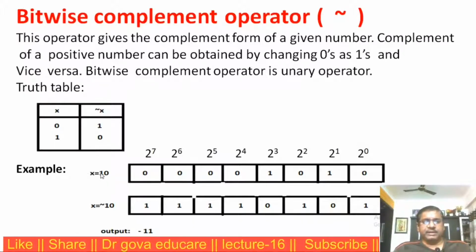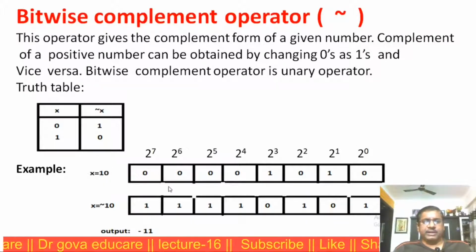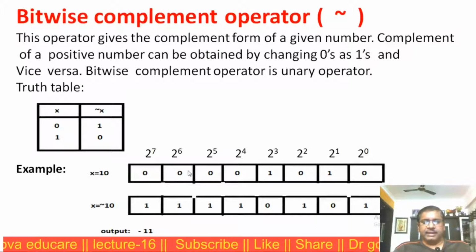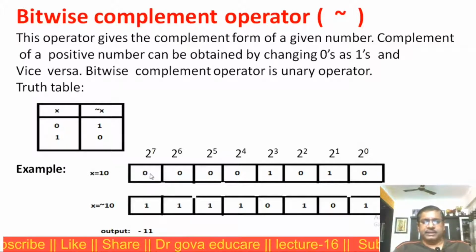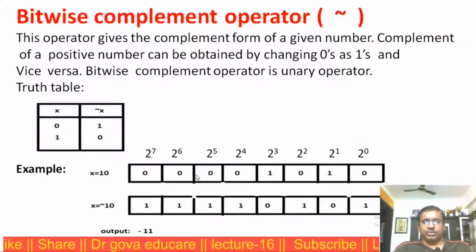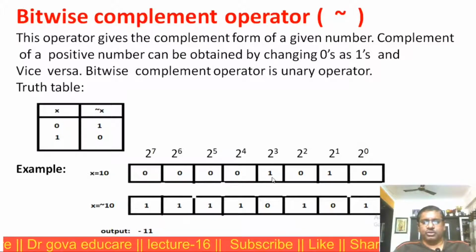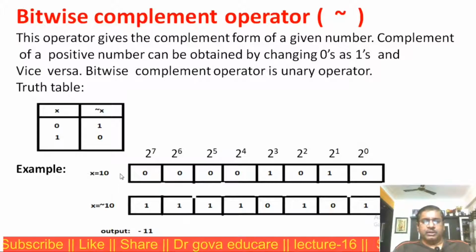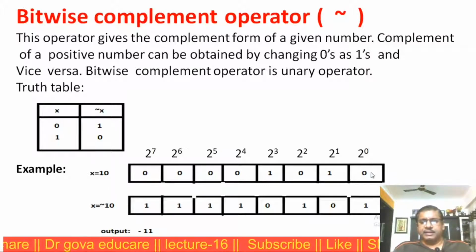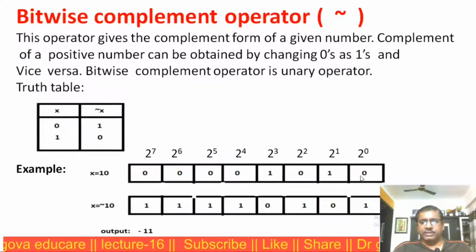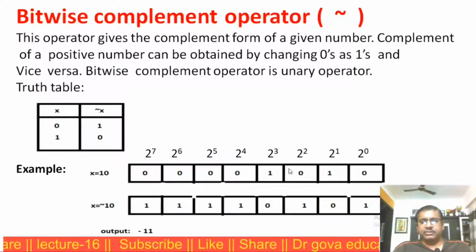X equal to 10. This is the 8-bit representation for x equal to 10. That is 0, 0, 0, 0, 1, 0, 1, 0. Now the complement of 10, changing zeros as 1 and ones as zeros.